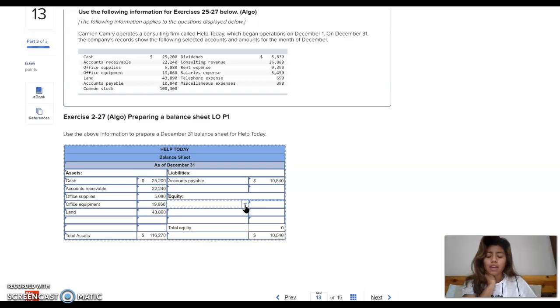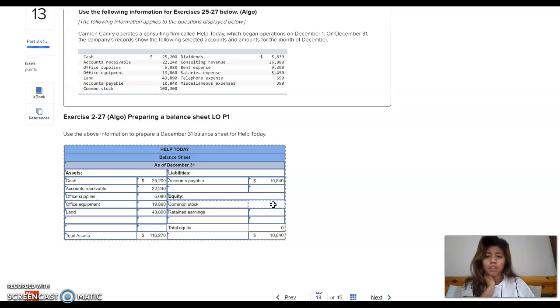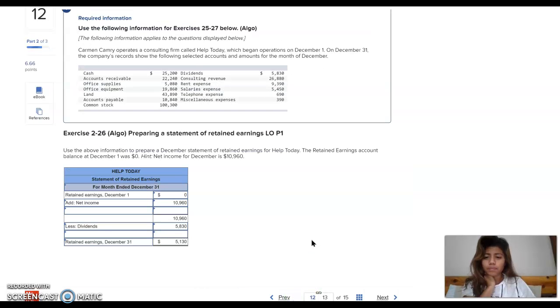So equity. Equity is common stock, and it's also retained earnings. So retained earnings, we're going to get from the previous sheet. So common stock right now is 100,300. And retained earnings is, right here, 5,130.